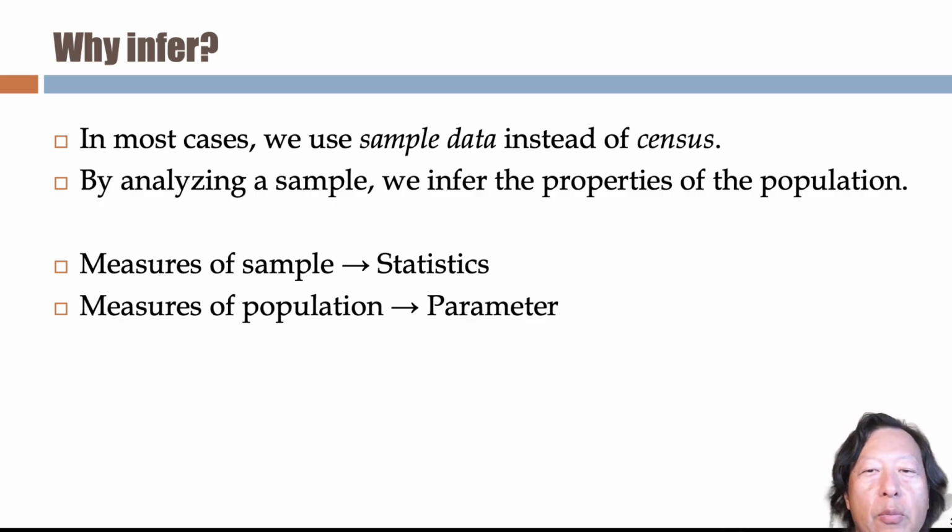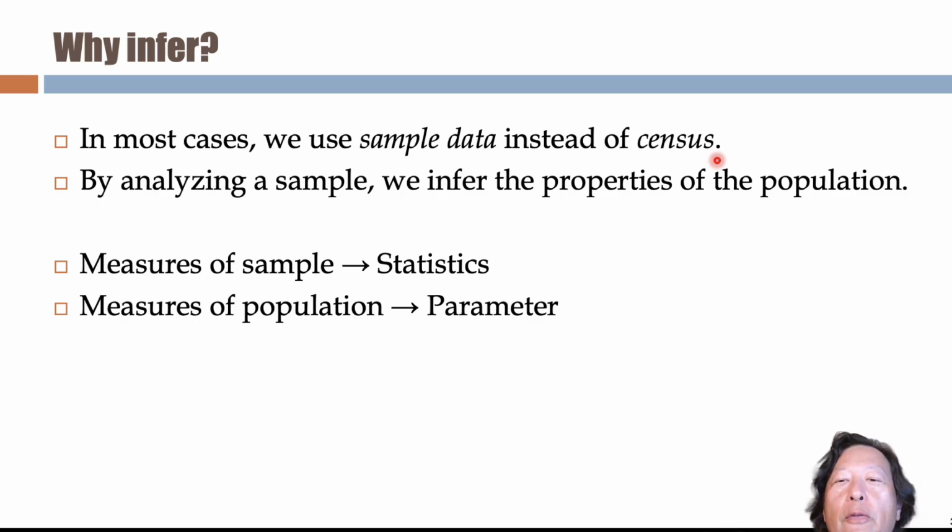A census means that we collected the data from the population. If you are interested in the height of the students at a university, we can collect everybody's height. We measure everybody.